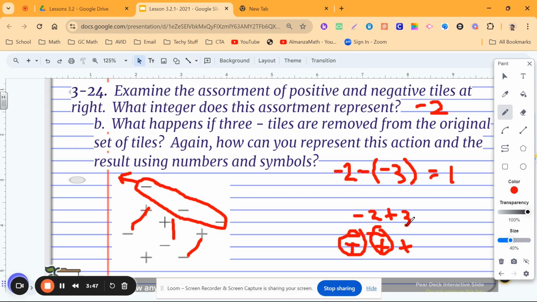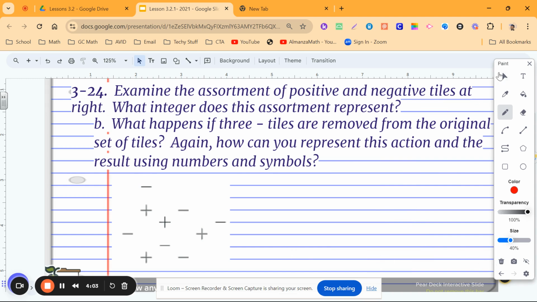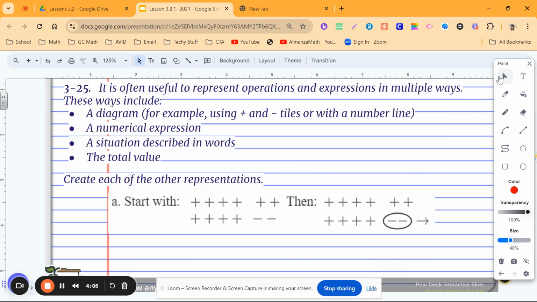Okay, those are completely different. This is the diagram for addition. This is the diagram for subtraction. Notice the subtraction has the arrow with the circle tiles that are being removed. Okay, so that's the general concept here with the subtraction, and it all starts with 3 questions.